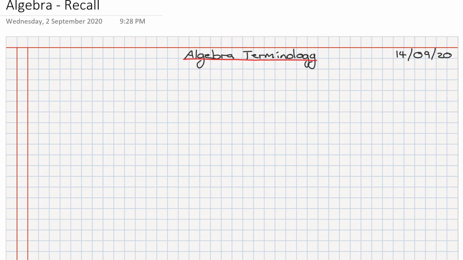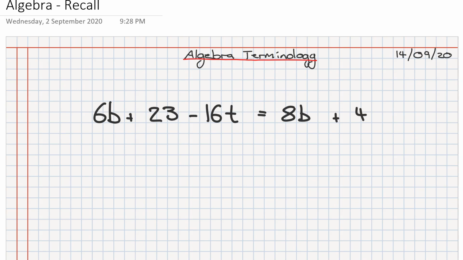Now, jumping into it, what I want you guys to write out is, consider if we have something that goes 6b plus 23 minus 16t equals 8b plus 40.